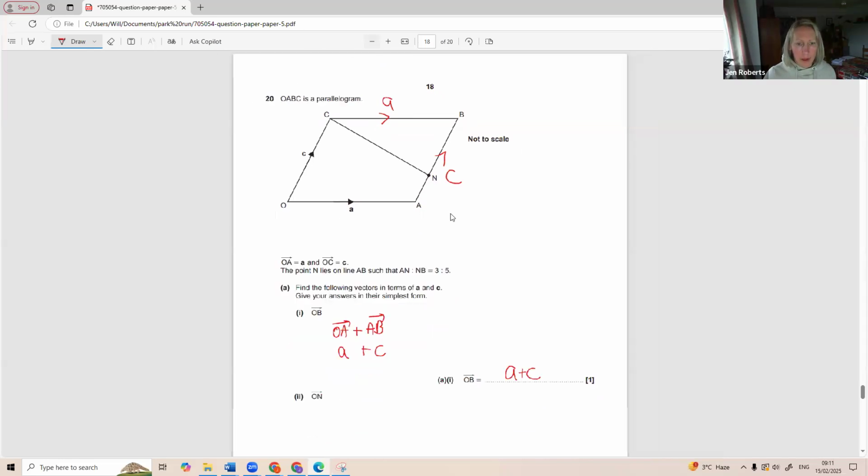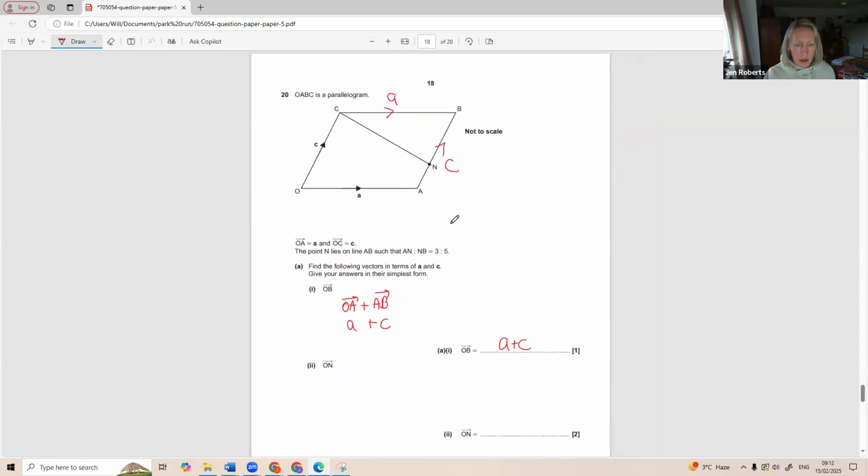ON. There's my journey from here to here. N lies on AB, such that AN to NB is 3 to 5. So there's 8 parts in total. This is 3/8 along that line.